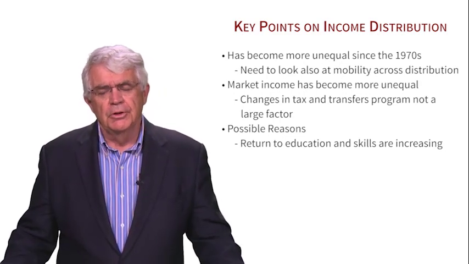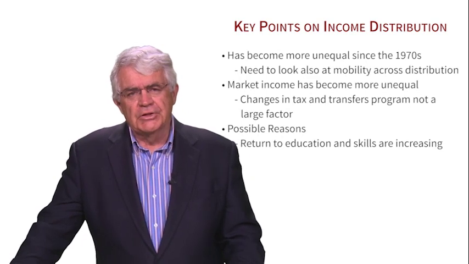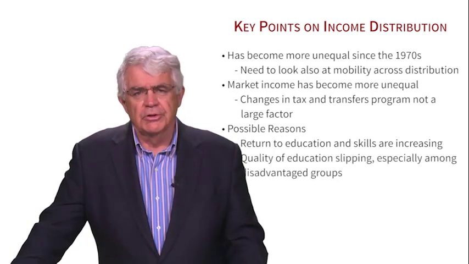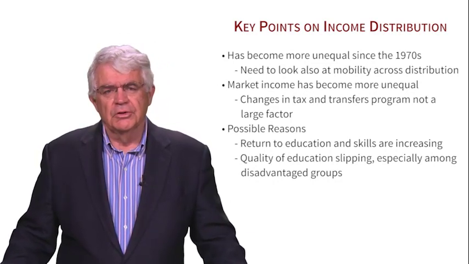It pulls apart the difference between those with an education and those without. In addition, there's some evidence that the quality of education is slipping, especially amongst disadvantaged groups or poor groups in certain parts of the country, and that also pulls the distribution apart, spreads it, as is shown in these pictures.